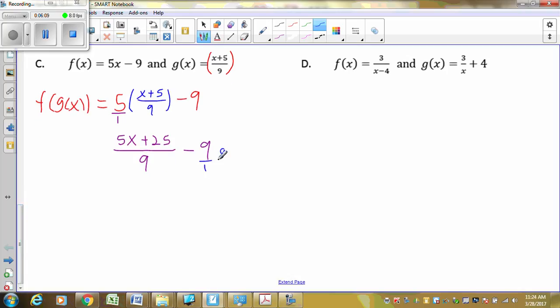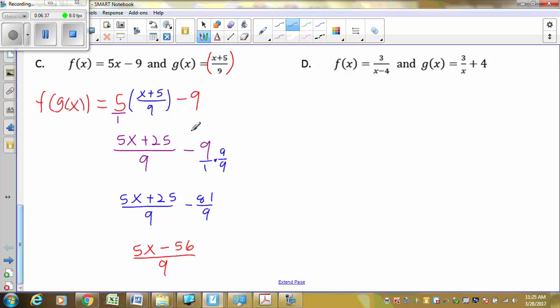So we'll go ahead and manipulate this a little bit. So we'll get 5x plus 25 all over 9 minus 81 over 9. And when we bring this together, we're going to get 5x, 25 and a minus 81. Let's see what that gives us. Minus 56 all over 9.